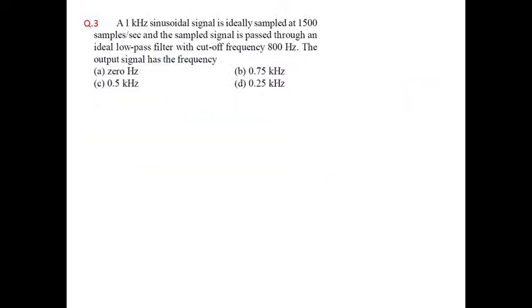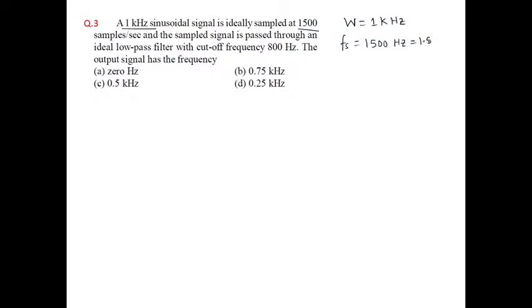Now coming to the next question. A 1 kilohertz sinusoidal signal is ideally sampled at 1500 samples per second. Now what is W? W is 1 kilohertz. What is the sampling rate? This is equal to 1500 samples per second, or 1500 hertz.